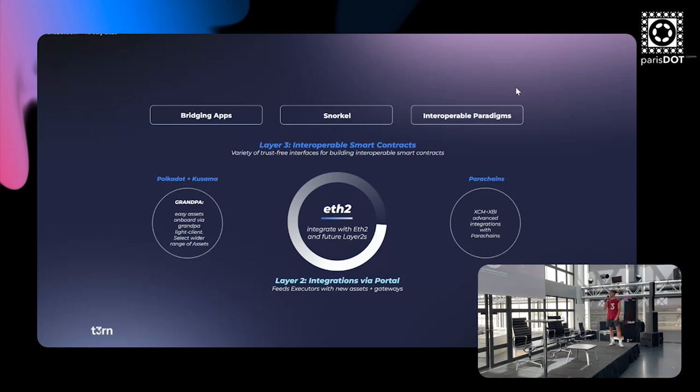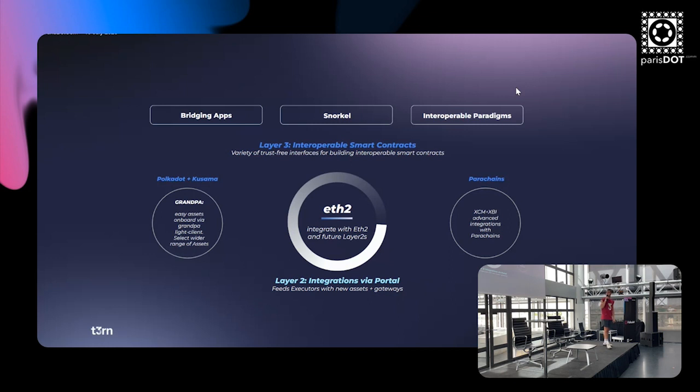And the very extensible layer that we provide as part of T3RN, we call it Portal, to which you can integrate extensions to verify the state and verify the finality on multiple different chains.